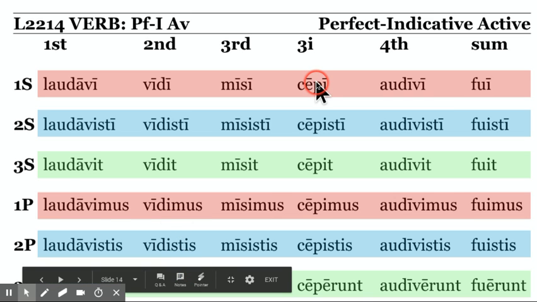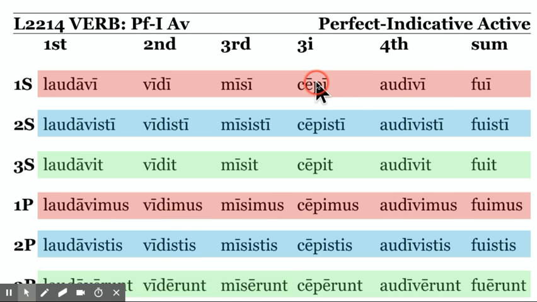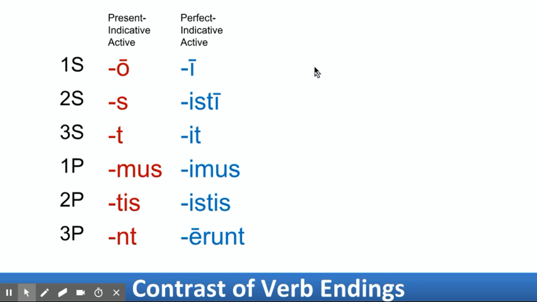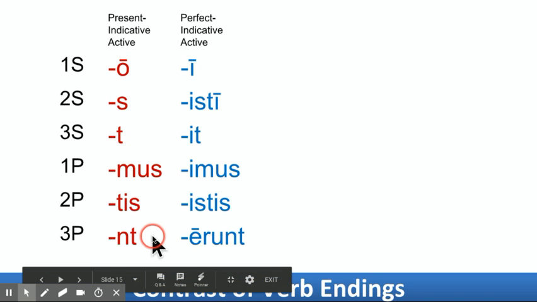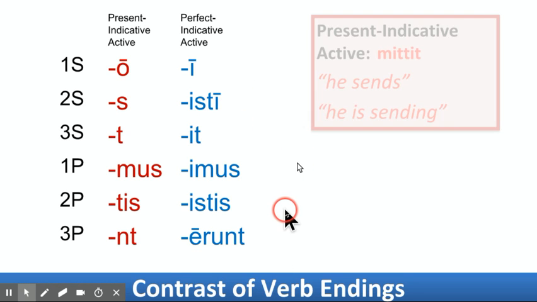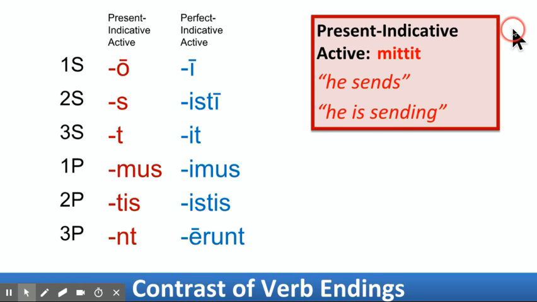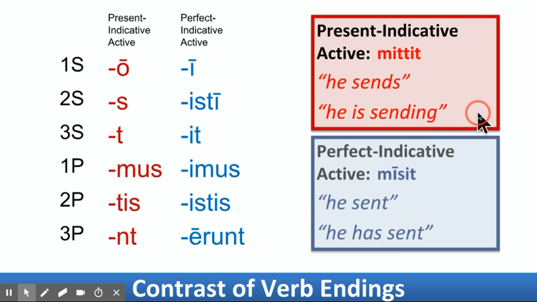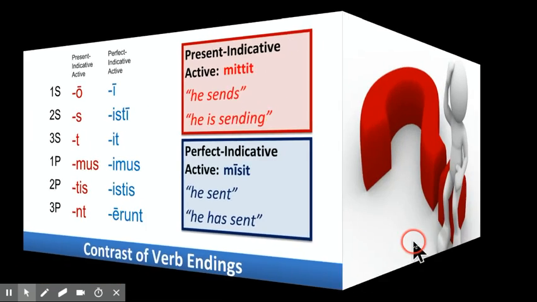The perfect is what you want to use to talk about the simple past, or as we'll see, the perfective present. So the endings for the present, o, s, t, mus, tis, nt. Now the perfect endings added to the perfect stem: i, isti, it, imus, istis, erunt. So the present indicative is translated either he sends or he is sending. The perfect indicative, he sent or he has sent.